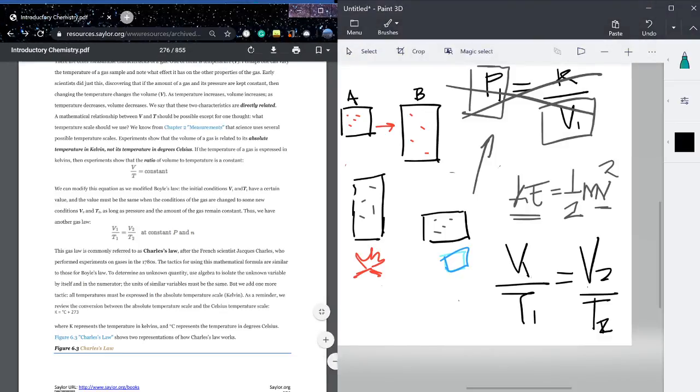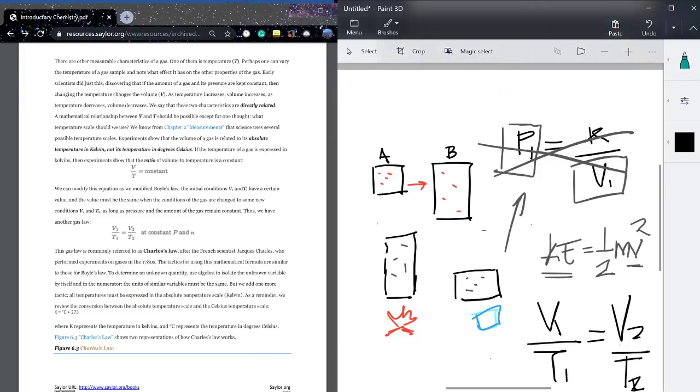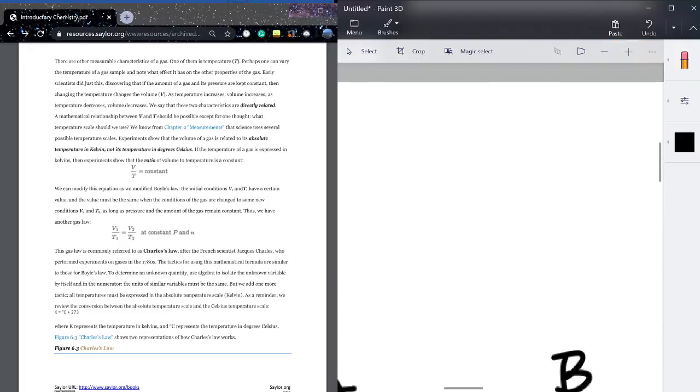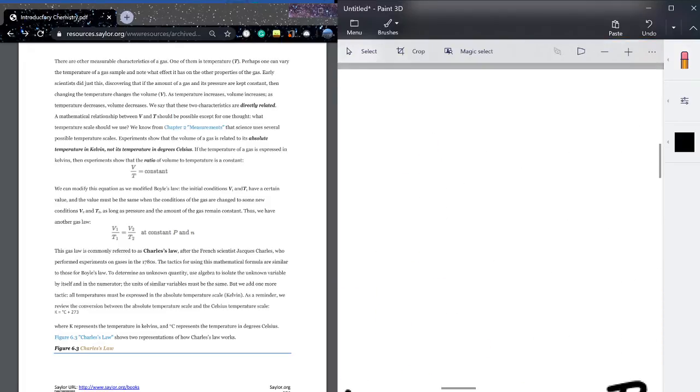So before we go, I just want to write out the combined ideal gas law up on the top. We've talked about the relationship between pressure and volume, volume and temperature, and pressure and temperature in terms of kinetic molecular theory.